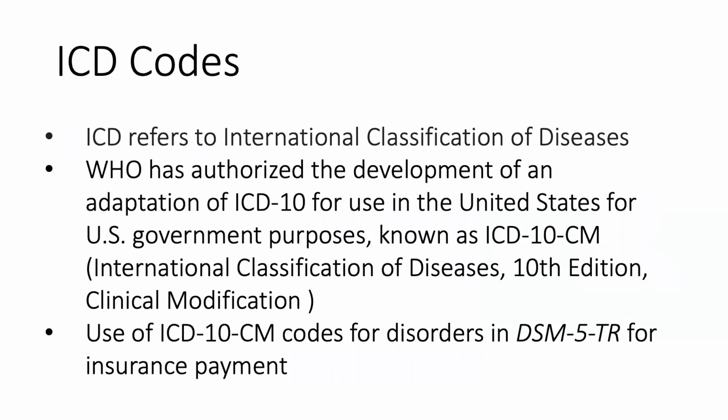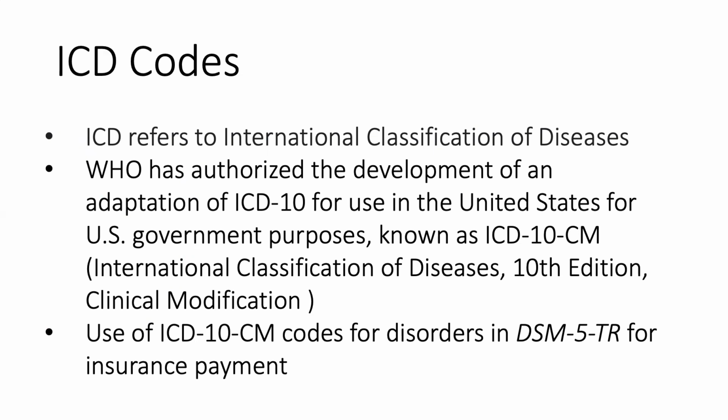Previous editions of the DSM featured DSM codes or numbers to represent each disorder. There are no DSM codes in DSM-5-TR, only ICD-10-CM. ICD codes were established to provide a universal and global classification system of diseases. The ICD system was created by the World Health Organization.